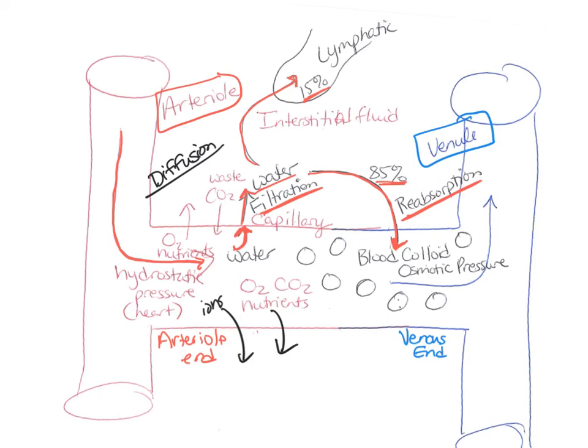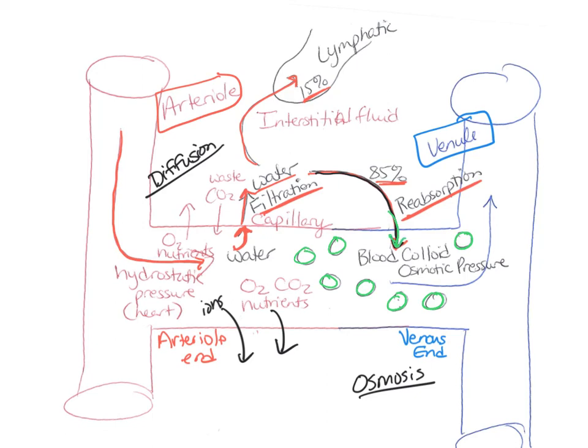Water will be reabsorbed through osmosis. We know that osmosis is the movement of water from high water concentration to low water concentration. And I had told you that 85% of the water that was pushed out into the interstitial fluid will be reabsorbed. The reason this osmosis is occurring is because in the blood plasma, inside the blood vessel, are these large proteins. These proteins act as a solute, and they're going to pull the water back in.